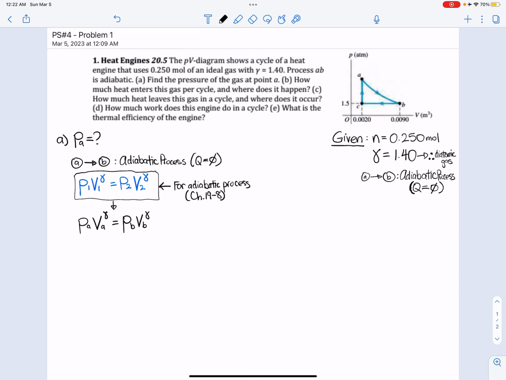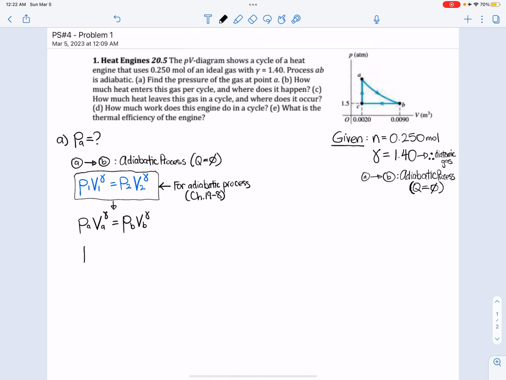We know the pressure at B, given in the PV diagram: it's 1.5 atm. The volume at B is 0.009, and the volume at A is 0.002. That's all given in the PV diagram, so I can plug that in and find the pressure at A.